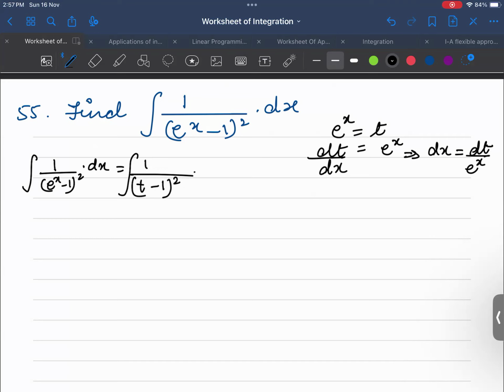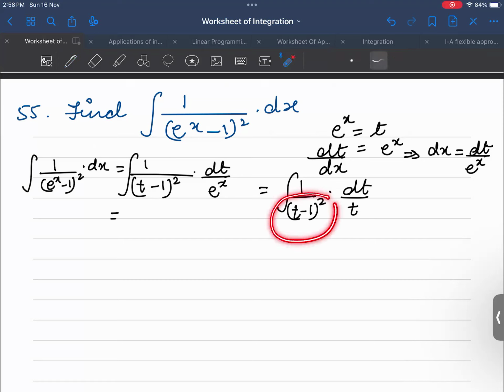In place of dx, write dt upon e power x. Is it clear? And we know e power x is t. I can write it further: dt upon t times (t minus 1) whole square. Right? Now these can come in the partial fraction form.